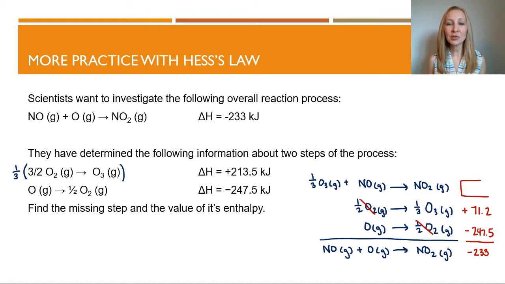And now what I need to do is figure out the unknown enthalpy for that missing step that I've kind of assembled or pieced together. So I'm just going to set up an algebra problem to figure out this unknown. So x, and then I'm going to add 71.2 and a negative 247.5. So that gives me, type that into a calculator here.